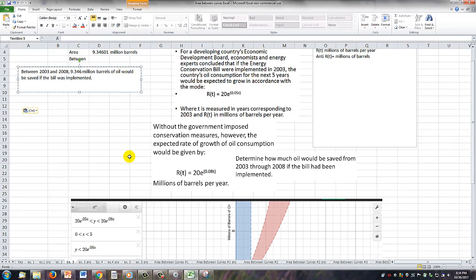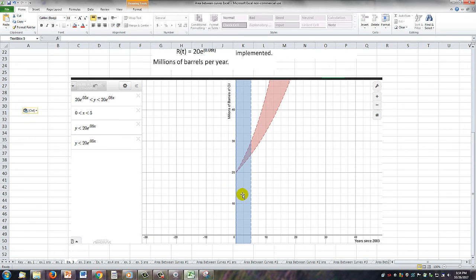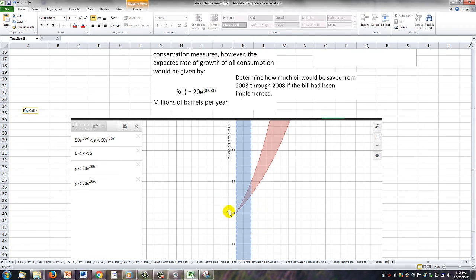And then right here is a visual of what's going on. So x is years since 2003, and this function, the top line here, is your without the bill, and this line here would be with the bill, and this is from 0 to 5. And so what we're doing is finding this area in between these two slivers.